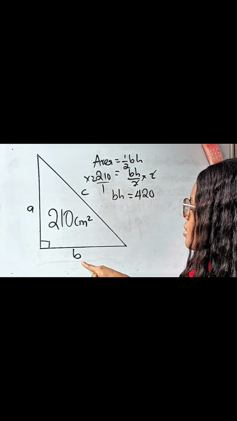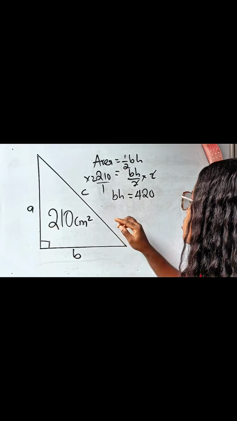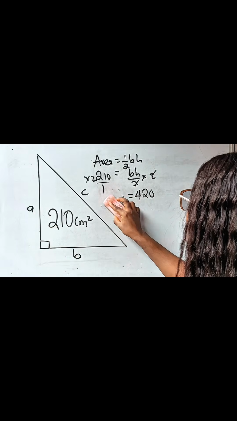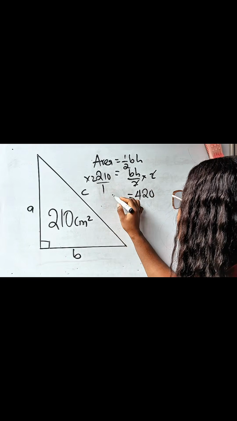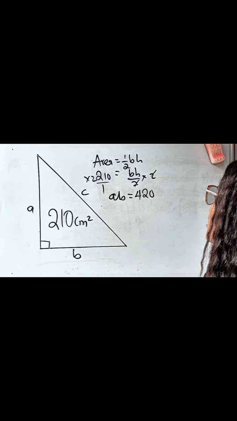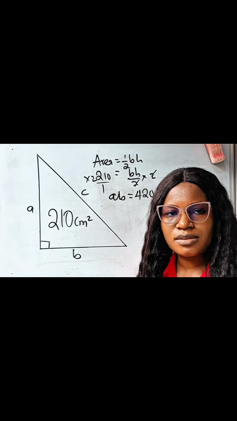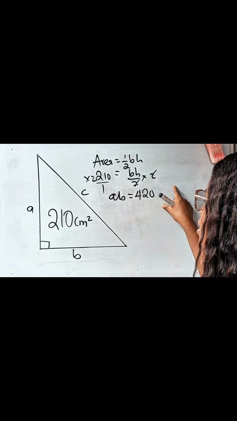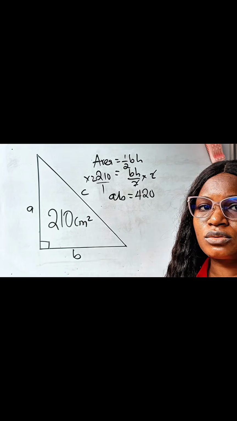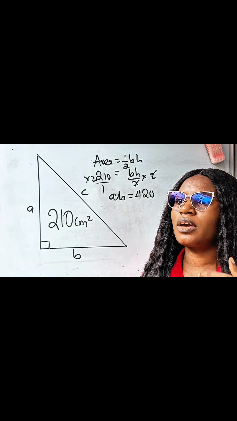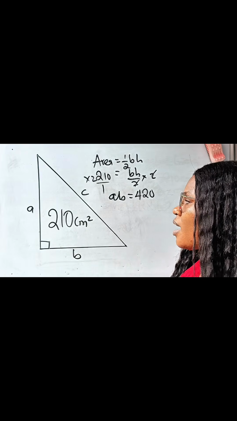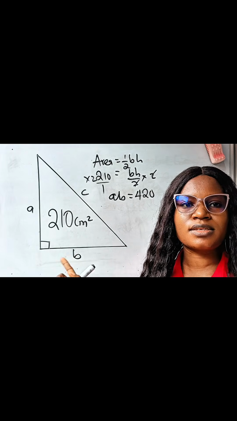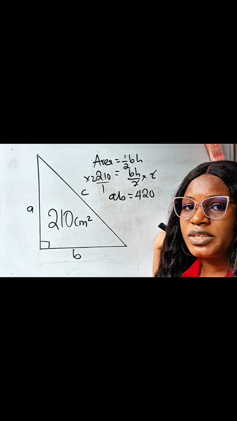Our base is B, our height is A, so I can write this as AB, right? Now AB is 420. This is very important. Do you know why? Because it's already telling us that the sides are whole numbers. We are told that the sides are whole numbers. I'm sorry, I think I omitted that.